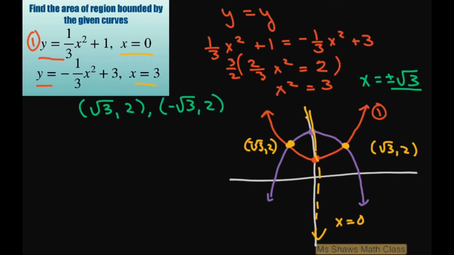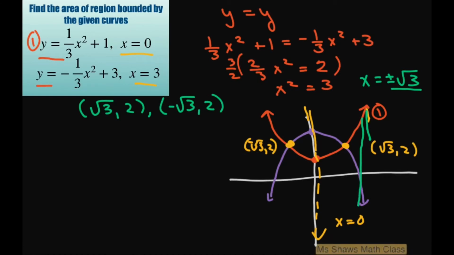But we're bounded by x is 0 and x is 3. So x equals 3 is somewhere over in here. Let's put that in green. I'll put it right about there.